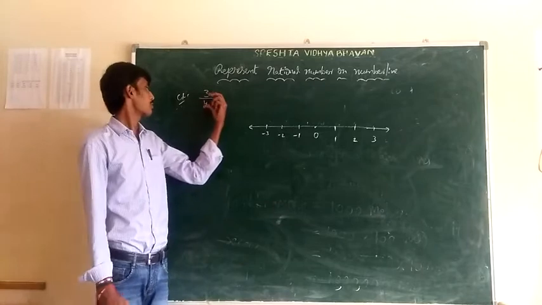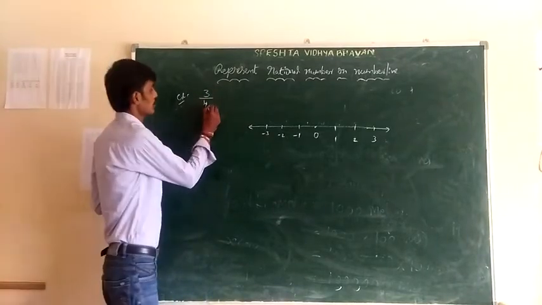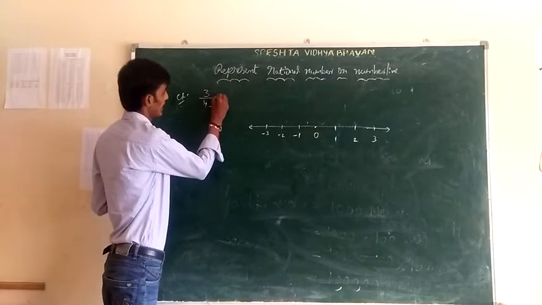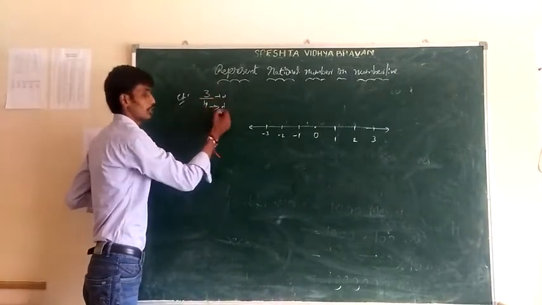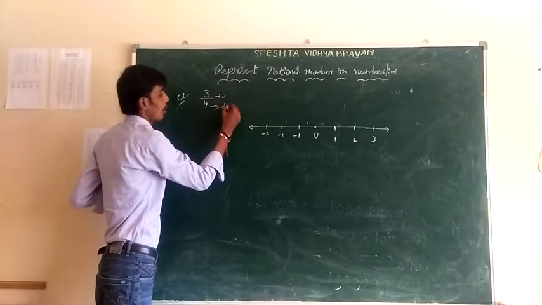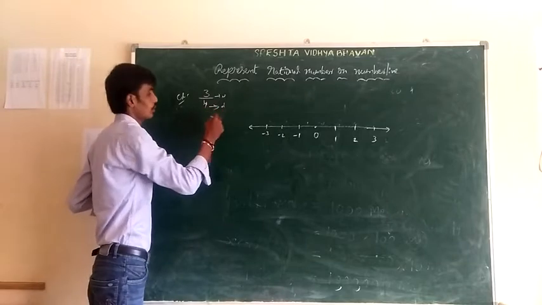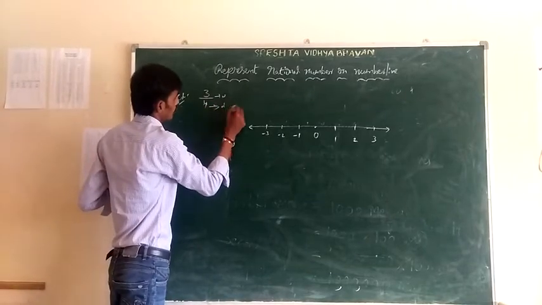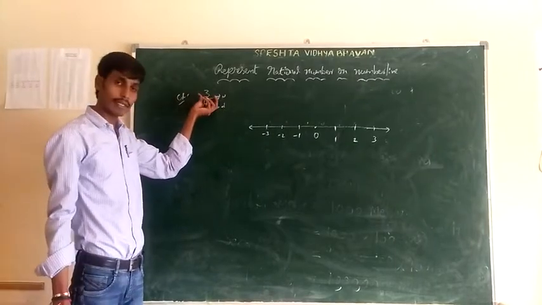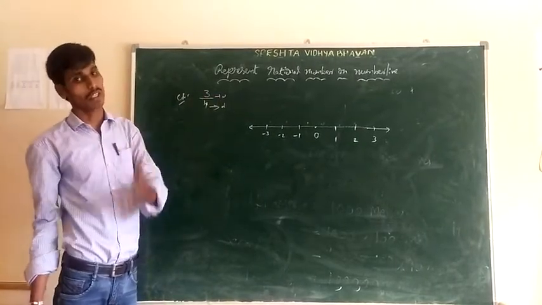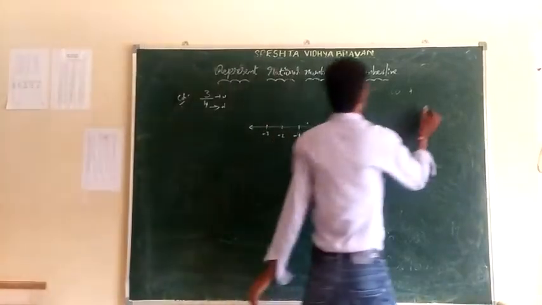Here we observe that this is a fraction. The denominator indicates the total number of parts it is divided into. The numerator indicates the number of required parts. For example, we represent it pictorially.